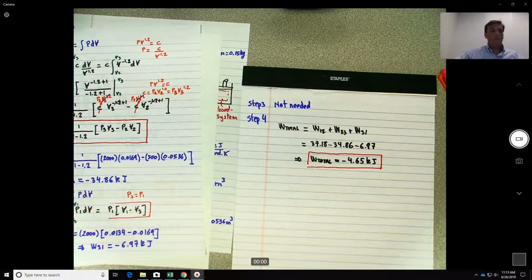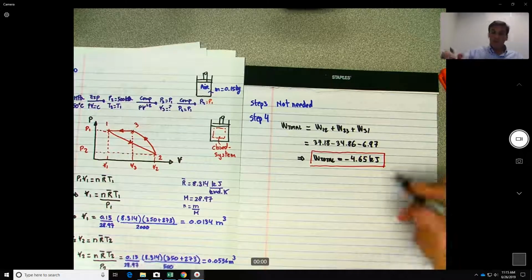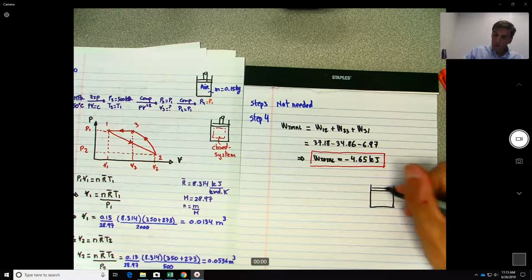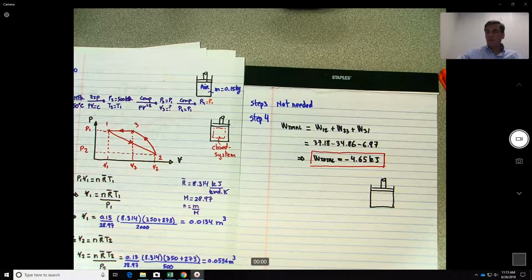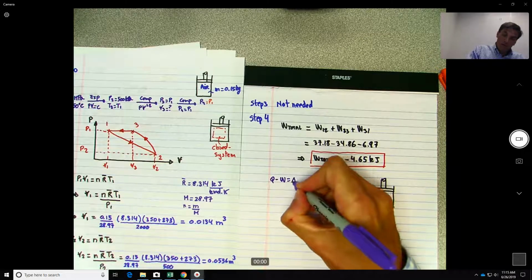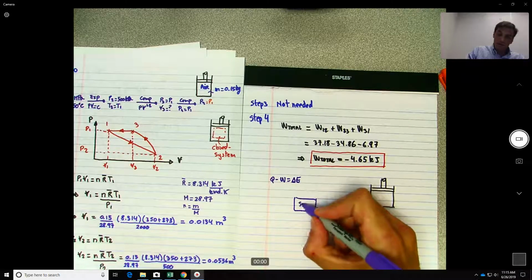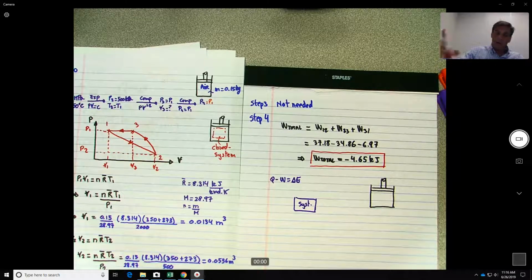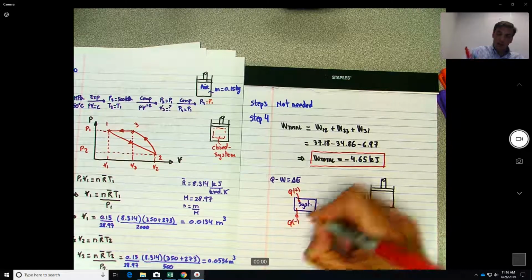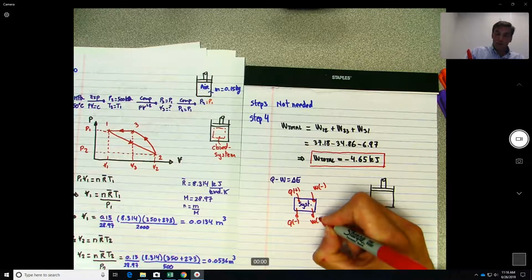All right, so what does that mean with our sign convention? So remember, this is our system. Okay, so when you use this sign convention over here, use this equation, the sign convention is heat going in positive, heat going out negative, but work going in will be negative and work coming out will be positive.